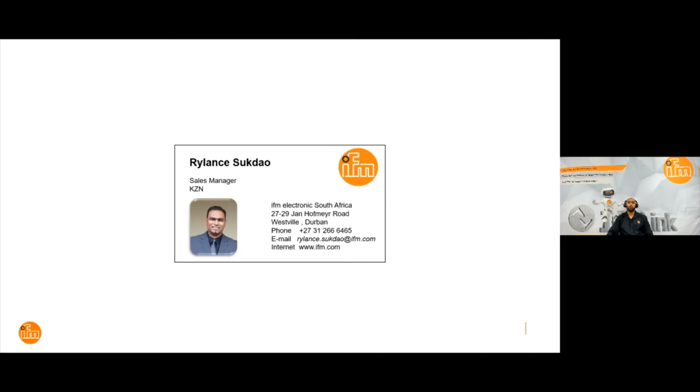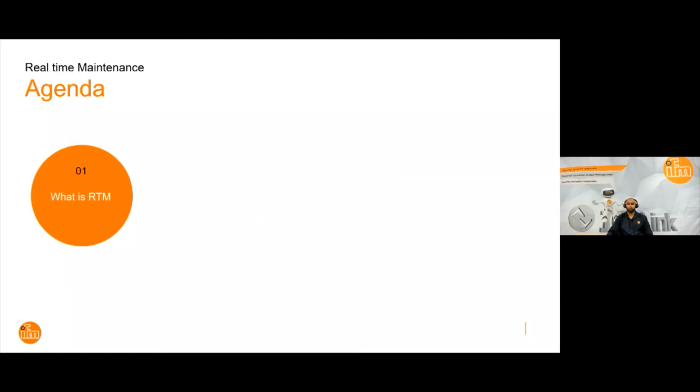So today our topic is real-time maintenance. This is a rather large topic and consists of various technologies and solutions that were previously covered in other webinars. So let's have a look at our agenda for today. We're firstly going to start off by looking at what real-time maintenance actually is and why it is important, followed by what information and where does real-time information come from.